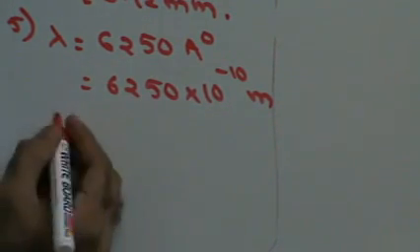The angular separation between the first diffraction minima on either side of the central band is 1.5 degrees. What is the width of the slit?